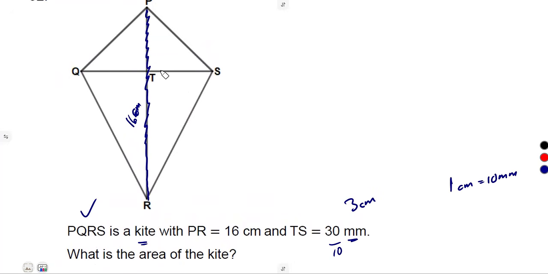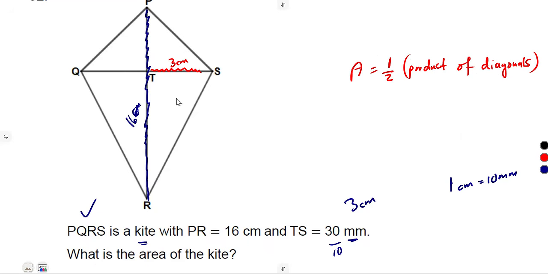From T to S, they gave us this piece, 3 centimeters. Okay, so they want you to calculate the area. The area of a kite can be found if you have the diagonals like that. You can use this formula: half the product of the diagonals.